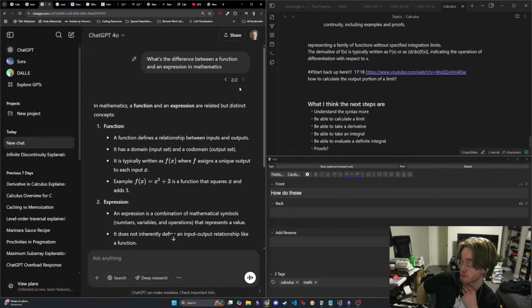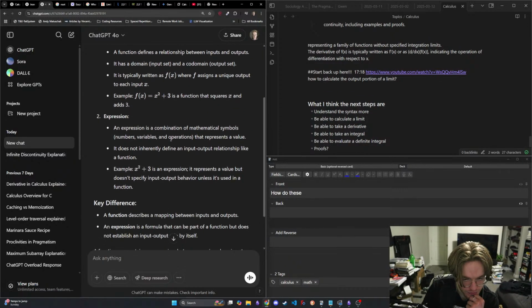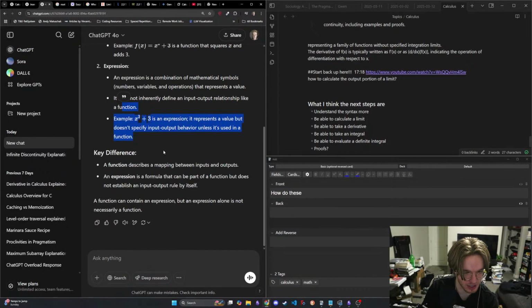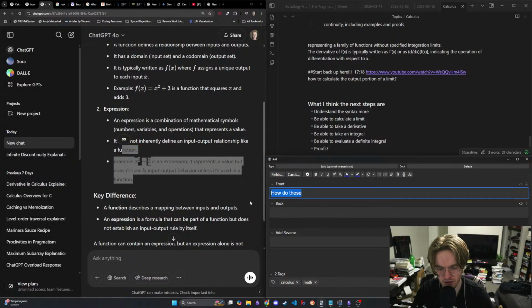I think that's an expression because it doesn't evaluate to anything. Okay, maybe something that evaluates to something, with variables, coefficients, numbers, combinations that represents a value. It doesn't inherently define. Oh, perfect. Yes, I got it exactly. Okay. Actually, I'm going to note that.